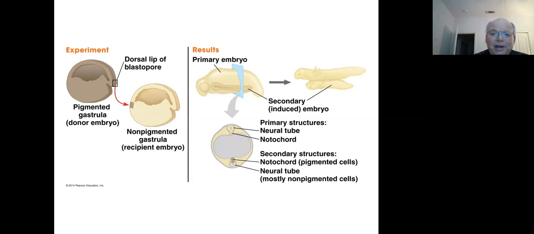So why was this the case? Well, it turns out that the dorsal lip belongs to a family of tissue known as inducers. This was, in fact, the first inducer to be recognized. It sends out chemical signals that establish the dorsal versus ventral side of the embryo.